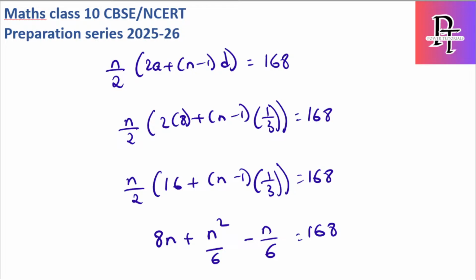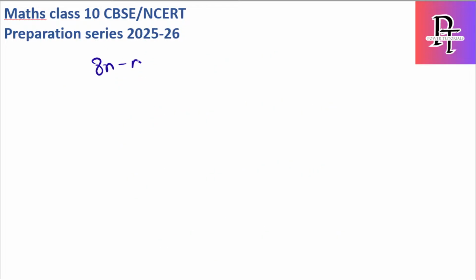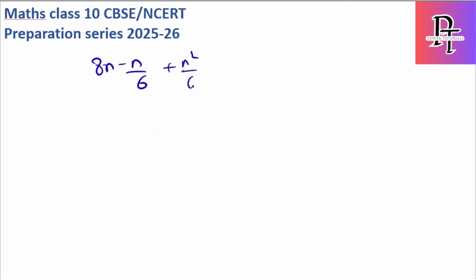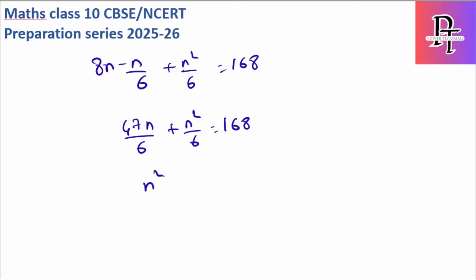What is 8n minus n by 6? 8n minus n by 6 plus n square by 6 is equal to 168. So 6 8s are 48, minus 1 is 47n by 6, plus n square by 6 is equal to 168. If I multiply 6 on both sides and move everything to the left side, this becomes n square plus 47n minus 168 into 6. Let's solve this.